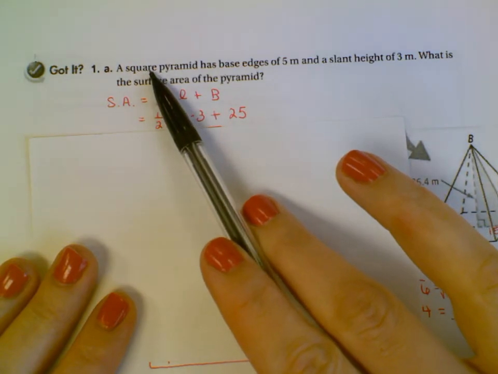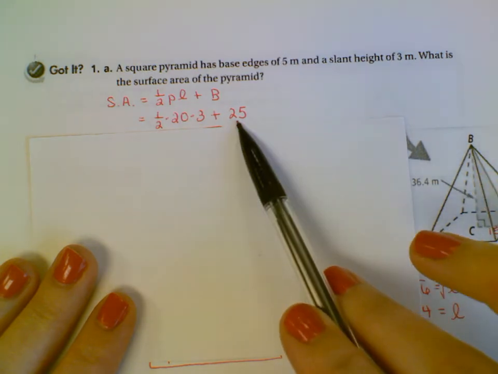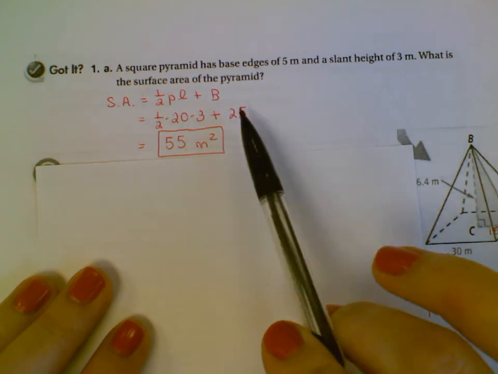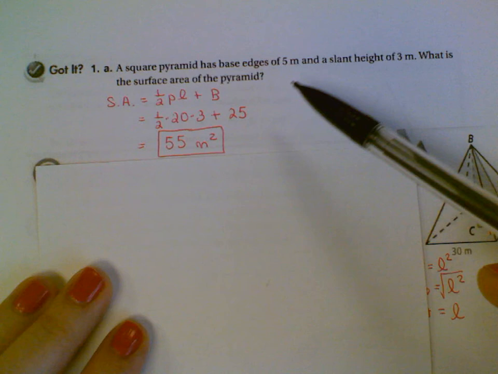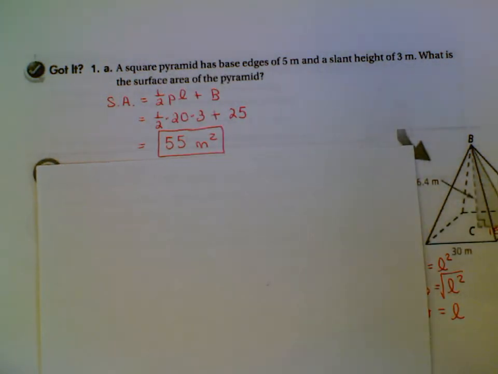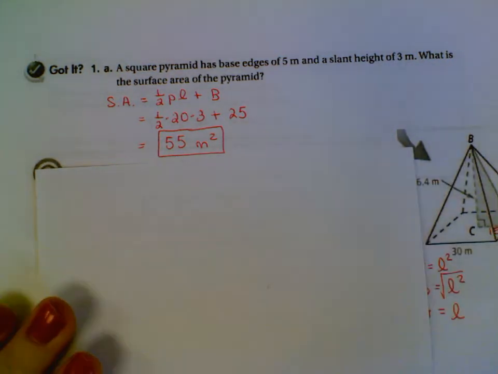Well, the base is a square, so if my base edges are 5, I can just do 5 times 5 and get 25. So then I times these two and then added to 25, and I got 55 as my final answer. So this one not so bad because area of a square is not too bad to calculate, but if it's an area of one of the other ones with the regular polygons, a little bit more challenging.